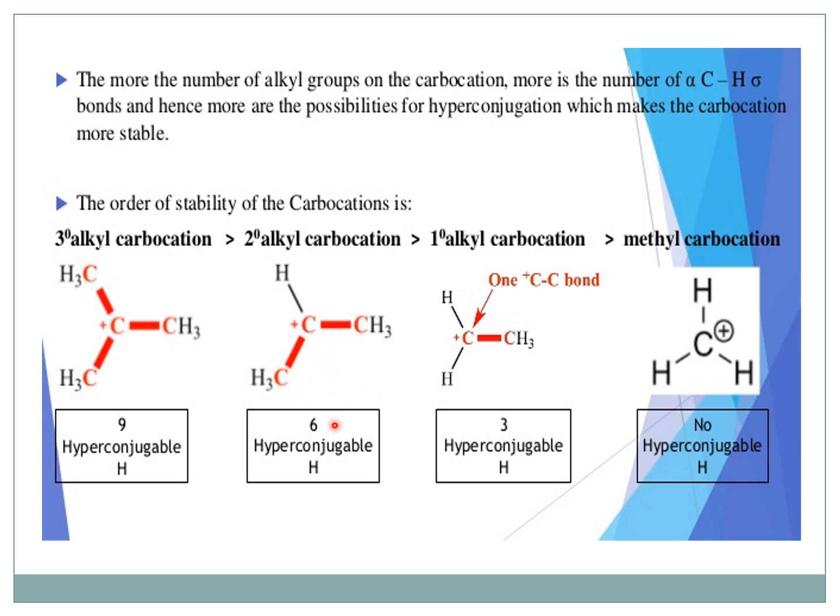In the secondary carbocation, there are 6 hyperconjugable hydrogens, which is fewer than the tertiary carbocation, and therefore the secondary carbocation is less stable than tertiary, which is more stable than primary, because there are only 3 hyperconjugable hydrogen atoms, and in methyl there is no hyperconjugable hydrogen atom. So the stability of carbocations can be explained with the help of hyperconjugation.